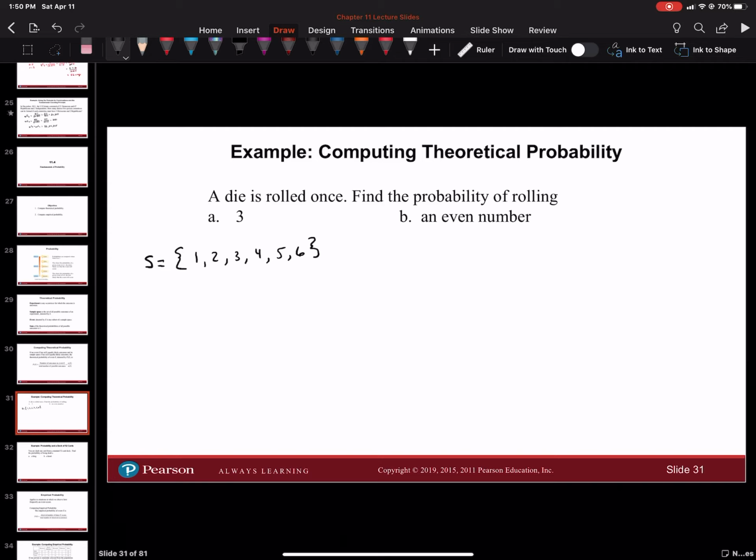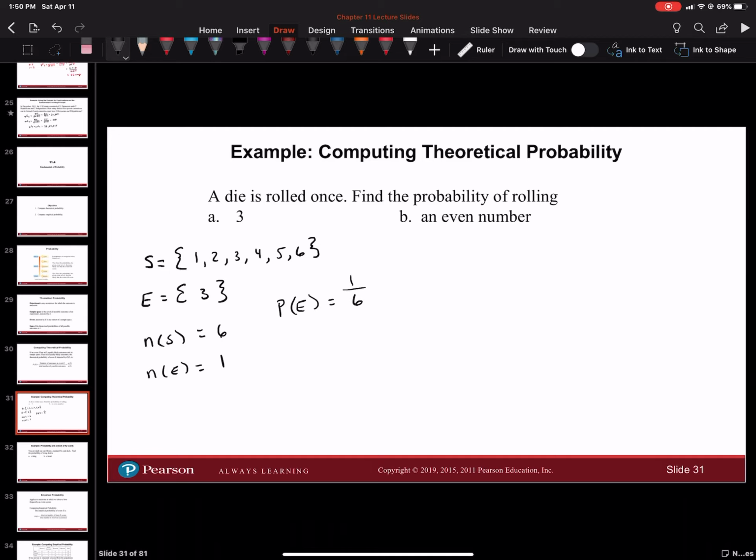Now, the event says that we're rolling a 3. Since we're only using one die, we only have one way we can roll a 3. So when we look at N sub S and N sub E, we have 6 things in the sample and 1 thing in the event. So the probability of E happening is equal to 1 over 6.